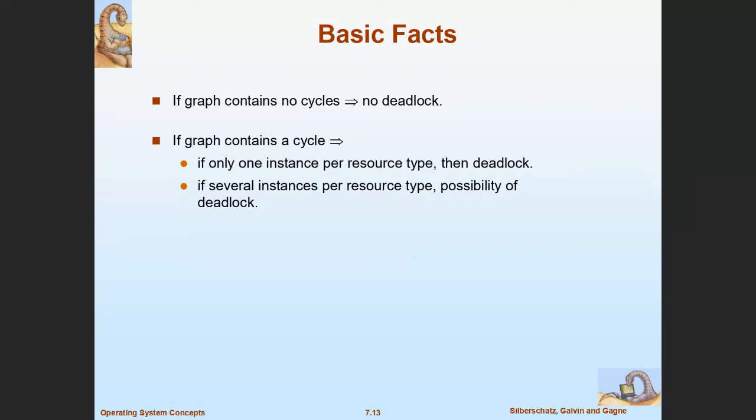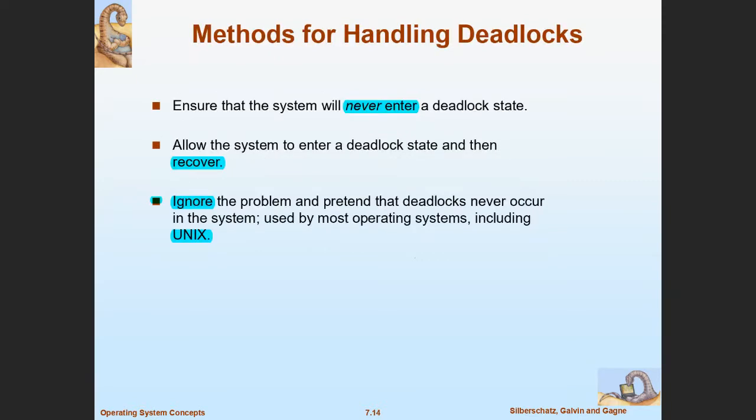So if the graph contains no cycles, no deadlock. If the graph contains a cycle and we have only one instance per resource, then we have a deadlock. If we have several instances, there is a possibility of deadlock, but the deadlock is not necessary, as you remember.